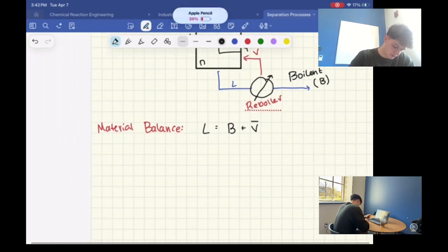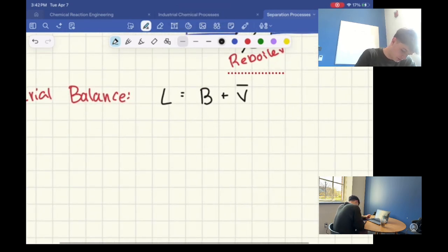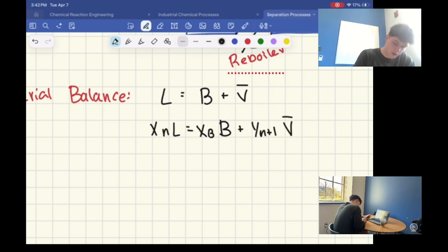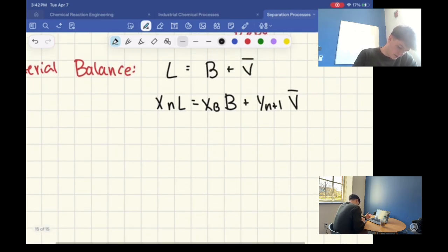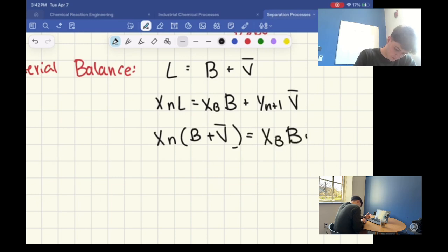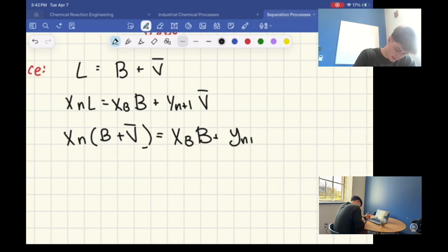Then like we did previously, we're going to break that down into the actual components, which is Xn liquid times Xb, the concentration of our bottoms, plus Yn plus 1 times V bar. Then again, we can plug that into each other, in which you arrive at the equation Xn times B plus V bar equals Xb times B plus Yn plus 1 times V bar.